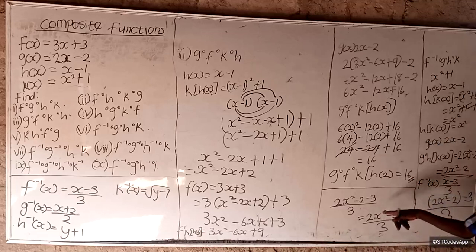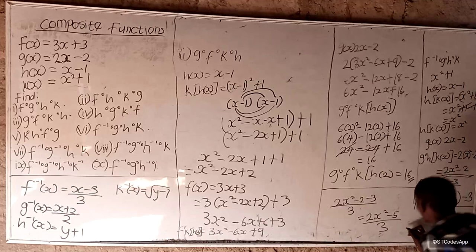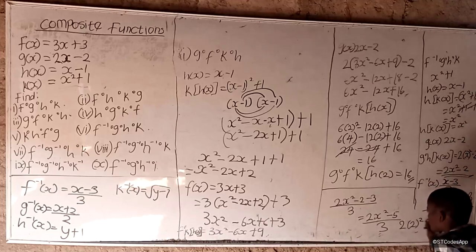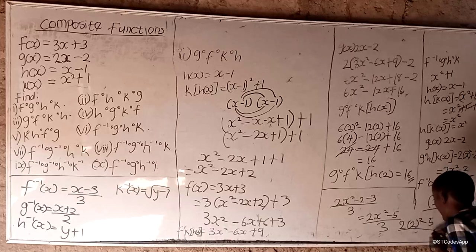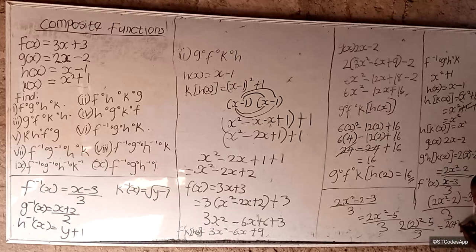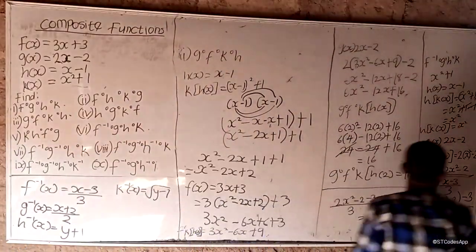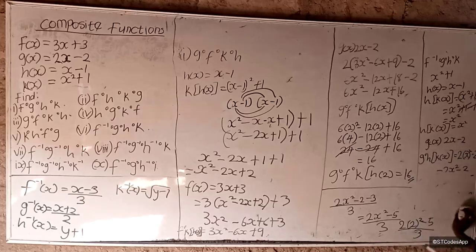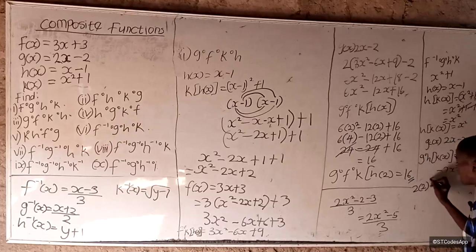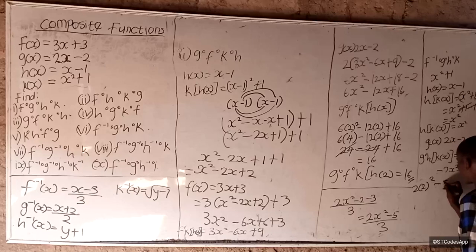So imputing 2 as the value of our x, we have 2 into bracket 2 to the power of 2 minus 5 over 3, to give us 2 into bracket 4 minus 5 over 3.